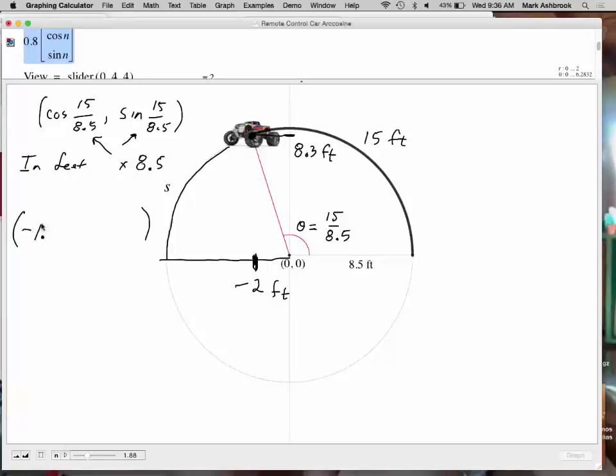Good. 8.34. Okay, we done good, right? So we get it. Everyone see how to get negative 1.64 and 8.34, which is not exact, but a very good approximation of where the truck is using feet as the unit of measure? We good? Okay, so I got some work for you here. Can I erase?